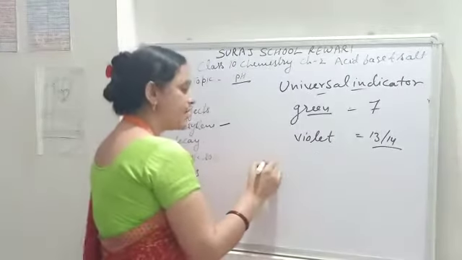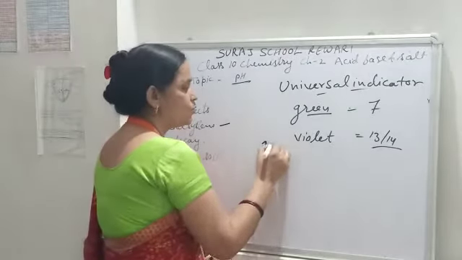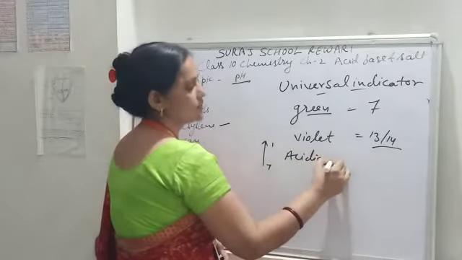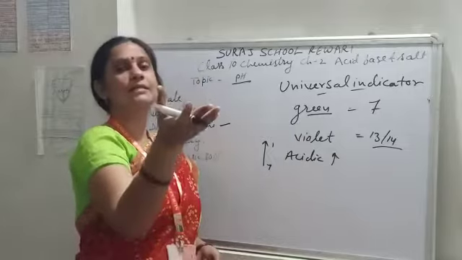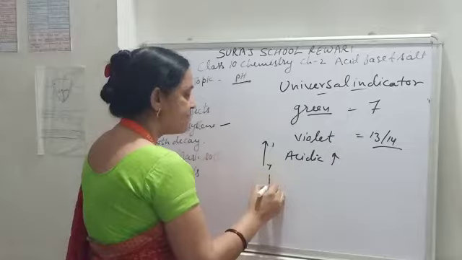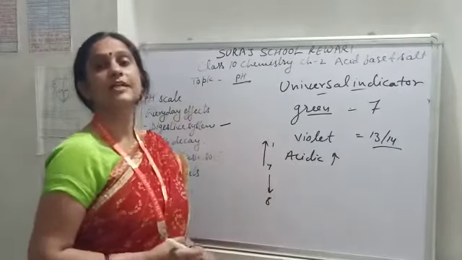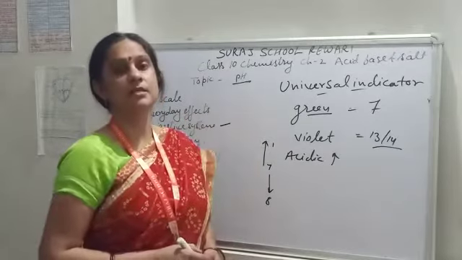As the pH decreases from 7 to 1, its acidic strength increases. Means lower the pH, more the acidic. And as the pH increases from 7 to 14, its basic strength increases. Means higher the pH, higher the basic nature.